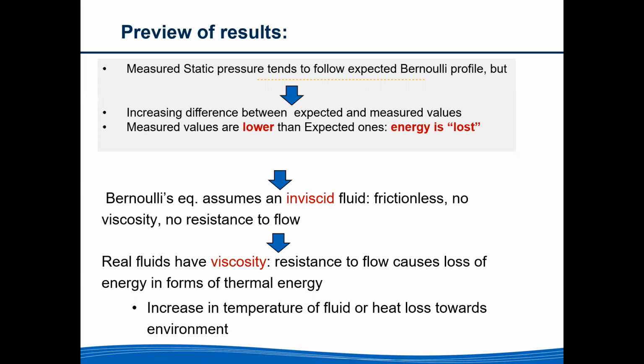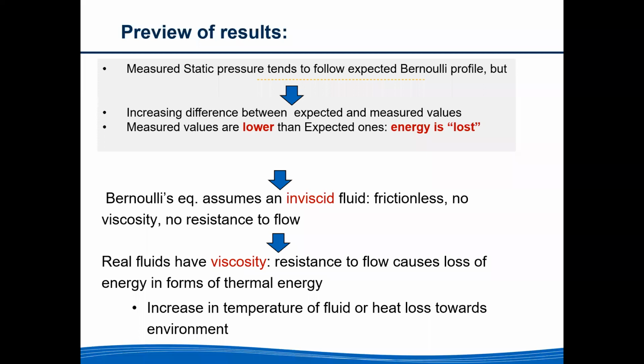And why this? The Bernoulli equation assumes an inviscid fluid, a frictionless fluid, no viscosity, no resistance to flow. Real fluids instead have viscosity. Having viscosity, they offer resistance to the flow.